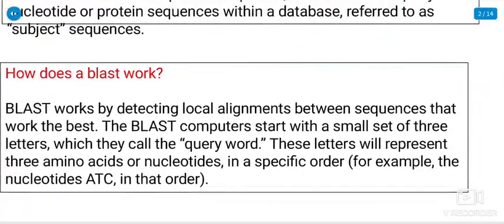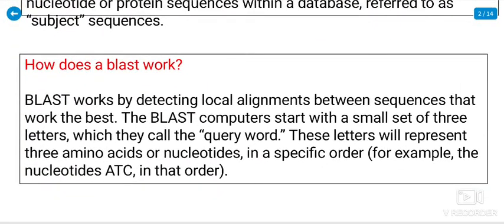How does BLAST work? BLAST works by detecting local alignments between sequences that fit best. BLAST starts with a small set of three letters, which is called the query word.